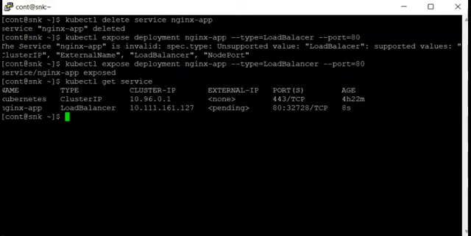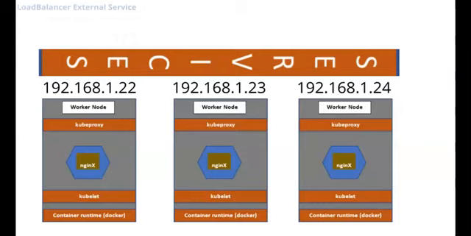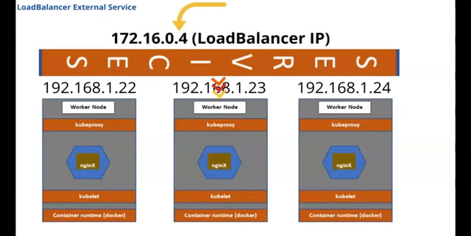So if we were using a cloud service provider rather, the IP address would have shown here, and we would have been given an IP address that will be able to load balance all the pods in the cluster. And when you connect to that same IP address, like I have explained, you can always connect to any of the pods. So this is how you are going to create services in Kubernetes cluster.